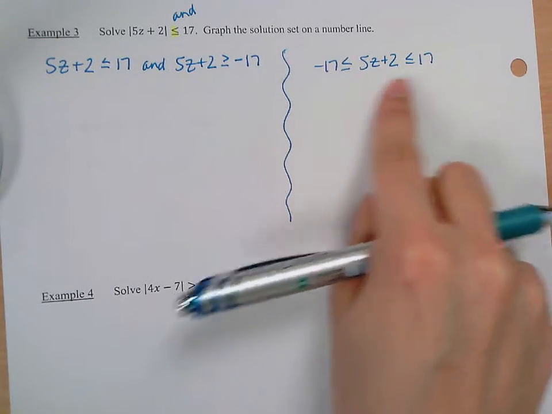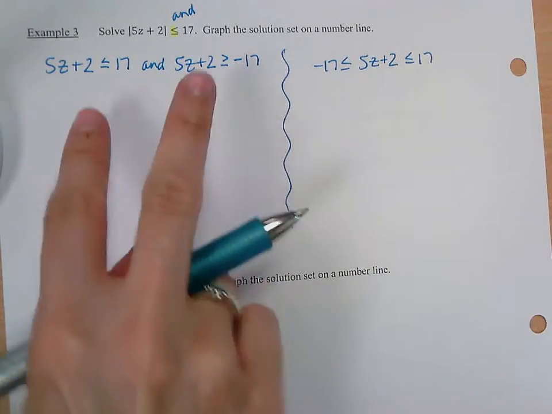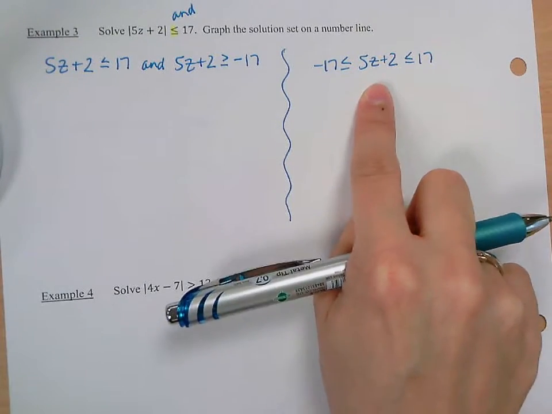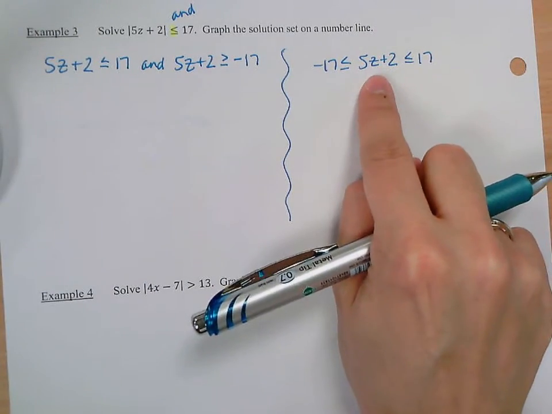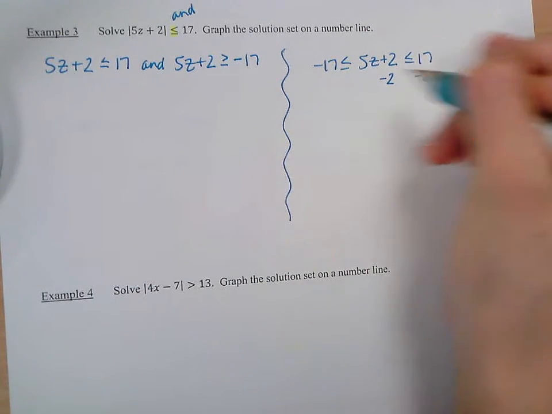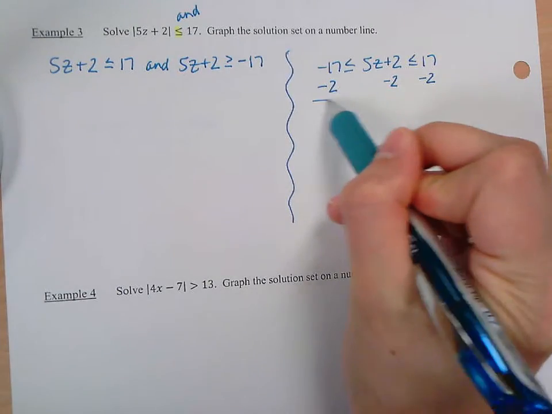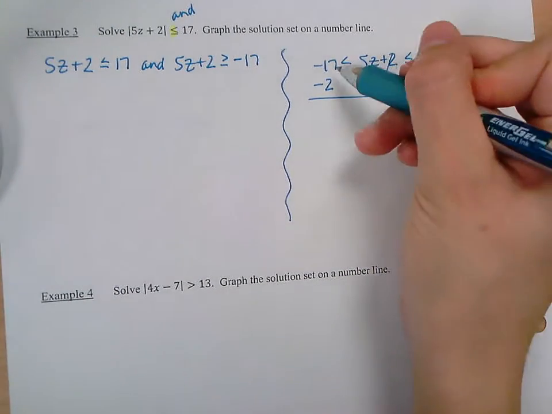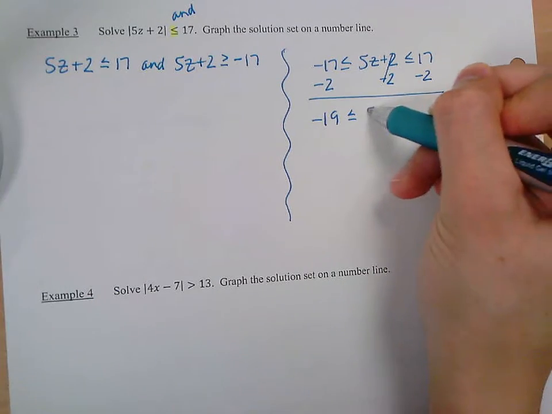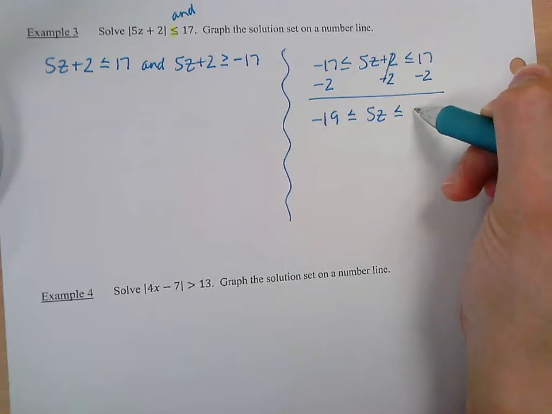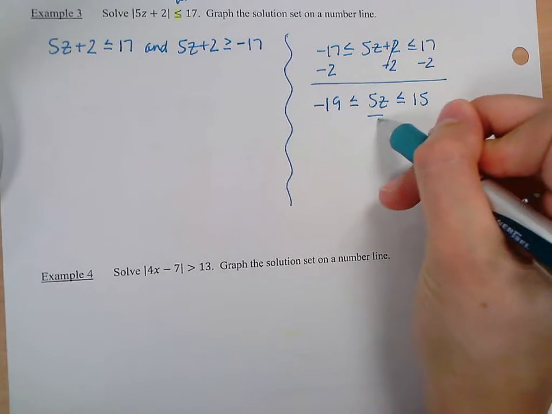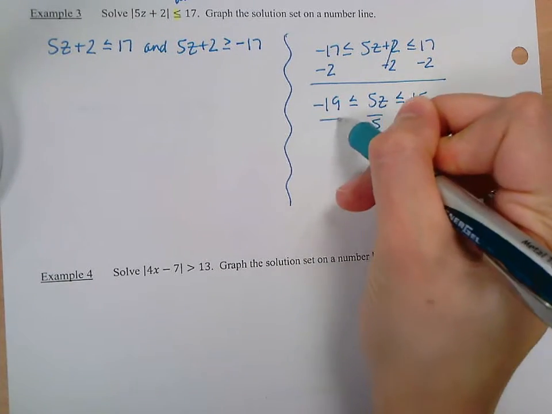Just for sake of time, I'm going to solve this one. But if you wanted to solve this one, you're going to get the same answer either way. In this form, if I solve it, I'm getting z alone in the middle. So I would subtract 2 from the middle and both sides. So I would have negative 19 is less than or equal to 5z is less than or equal to 15. And then divide by 5.